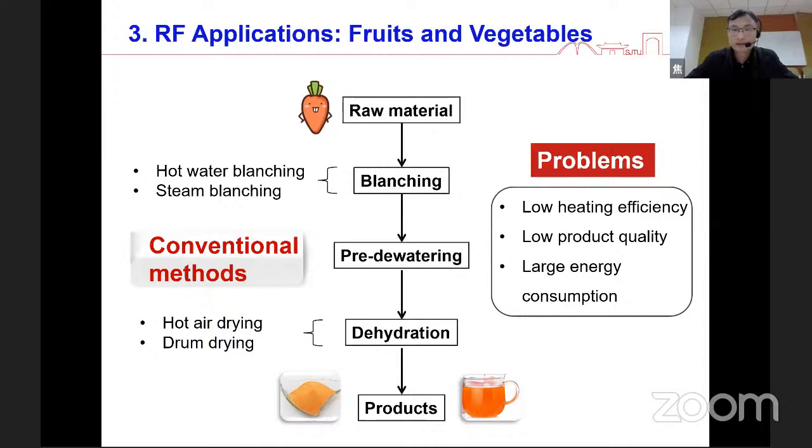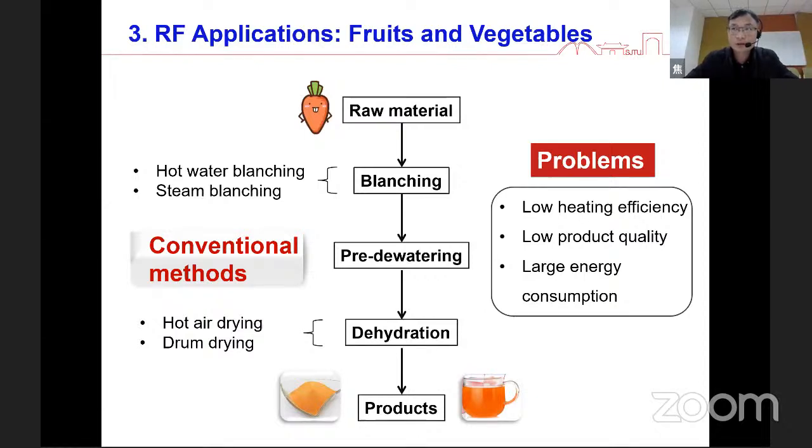But fruits and vegetables have irregular shapes, so it means there would be edge or corner heating. It means non-uniform heating. And another important reason is that the quality of fruits and vegetables is very sensitive to heat.